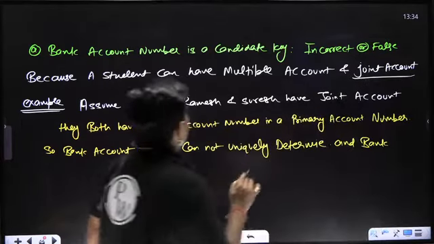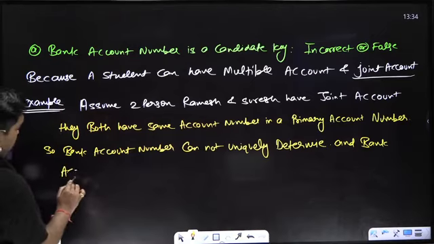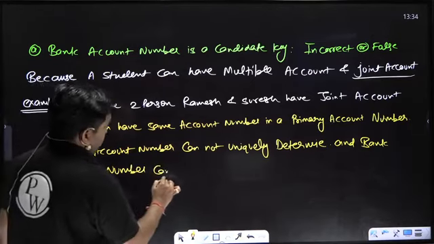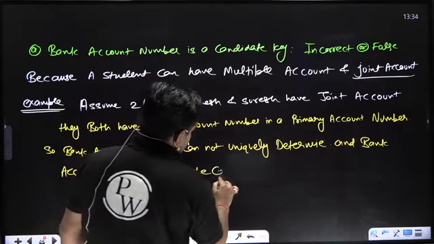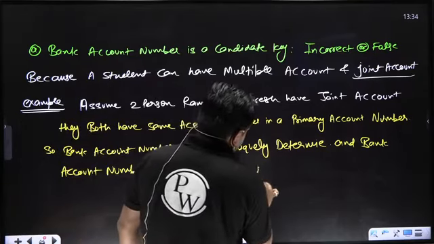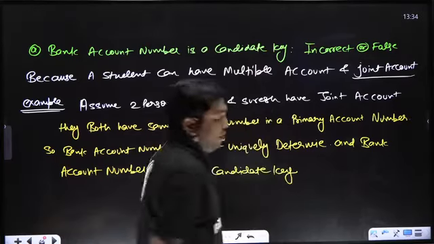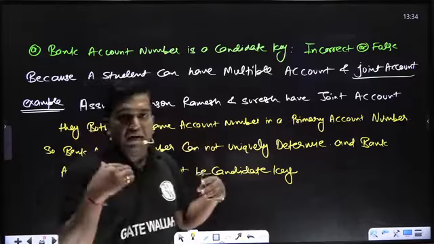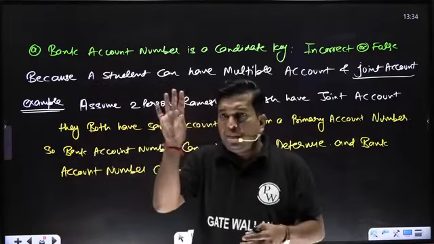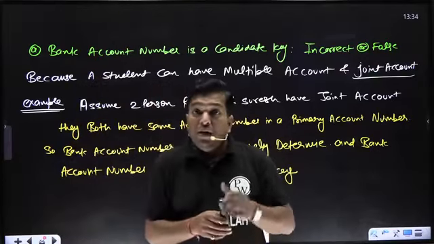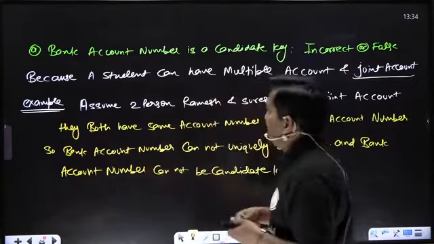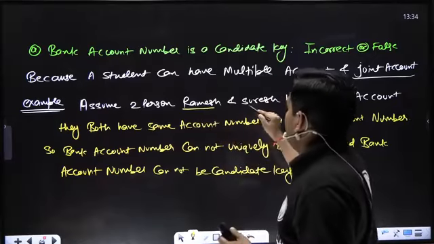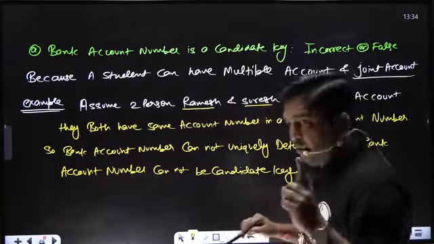A bank account number cannot be a candidate key, my dear. Why? Because it is mentioned a student can have multiple bank account numbers. Okay, the multiple case we are somehow getting, but for a joint account, suppose two persons Ramesh and Suresh have a joint account in SBI.